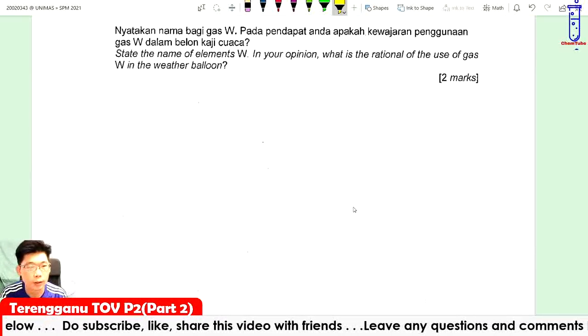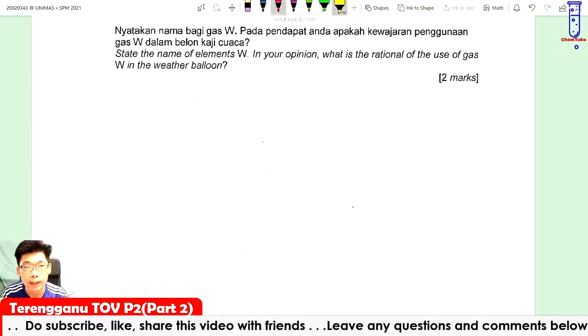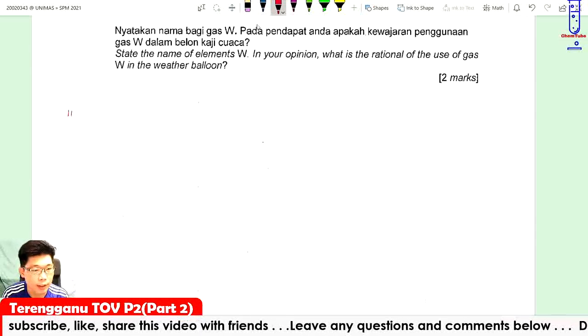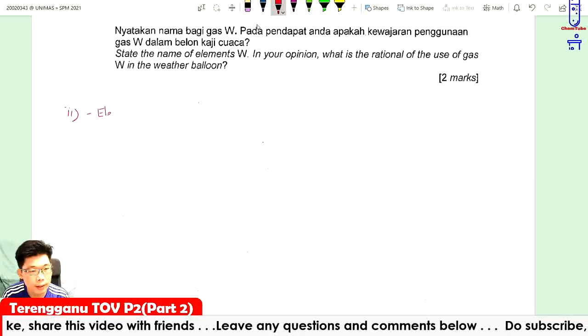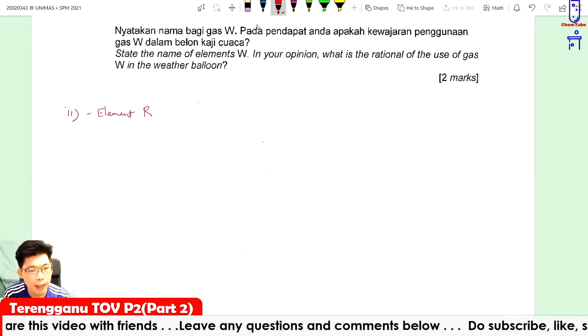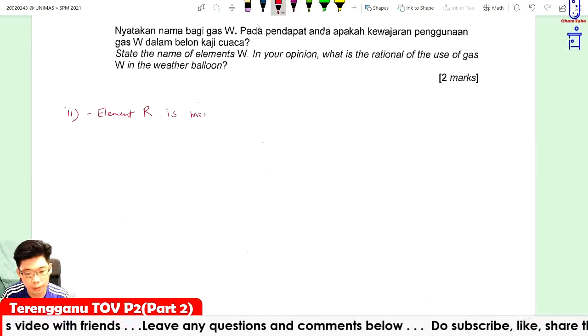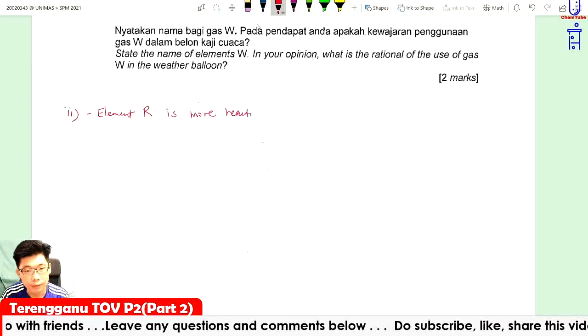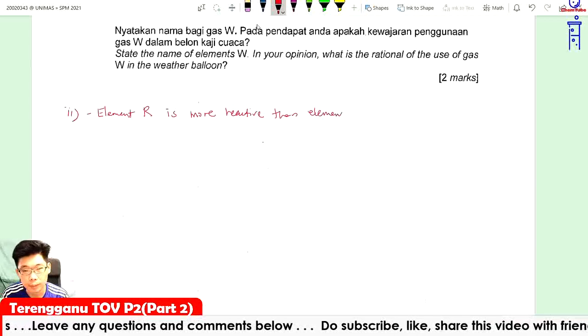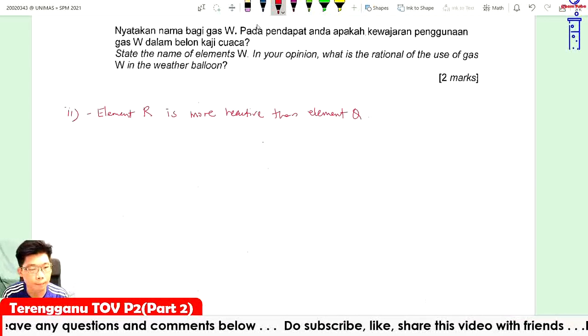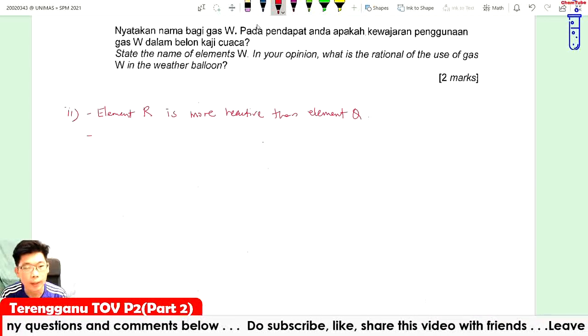Okay, so let's do the explanation here too. So you can mention element R is more reactive than element Q. Okay. And after that, why it is more reactive?